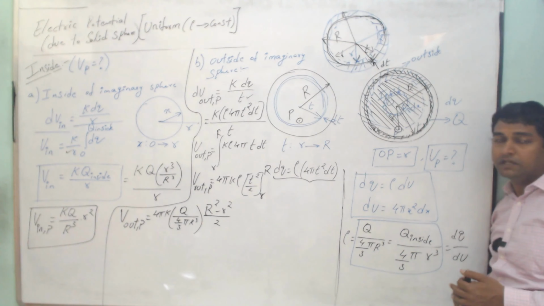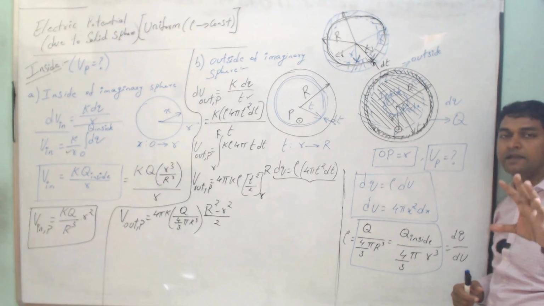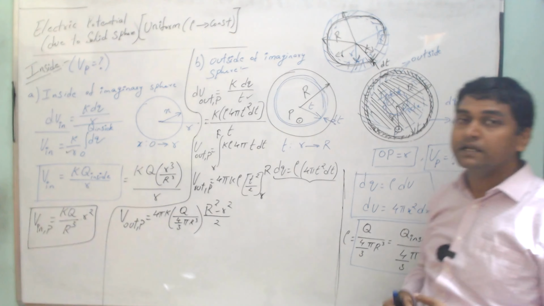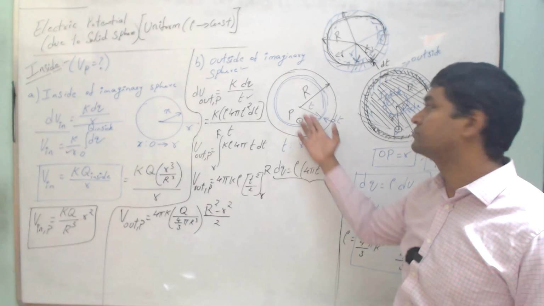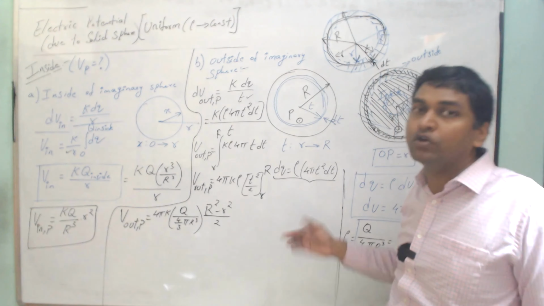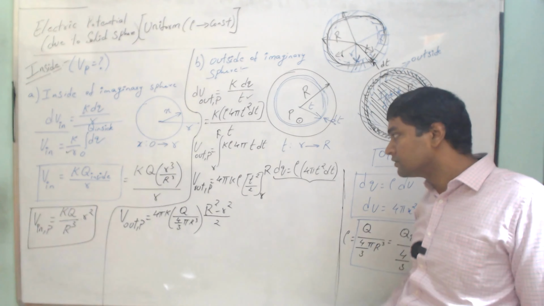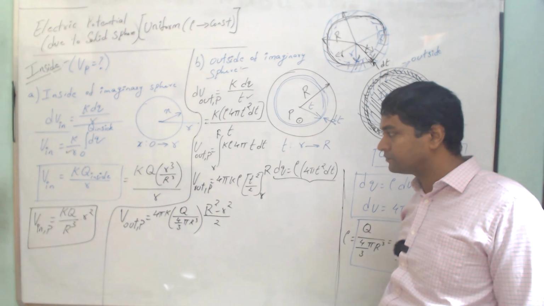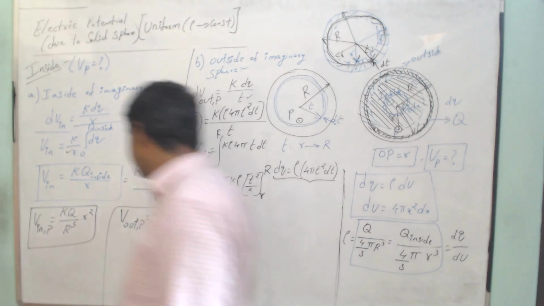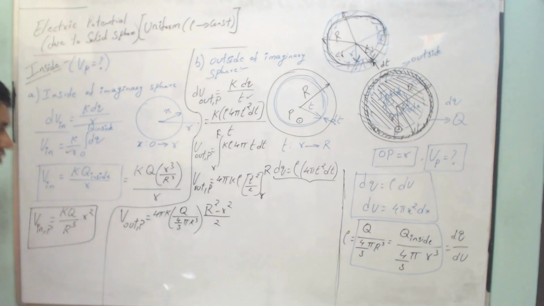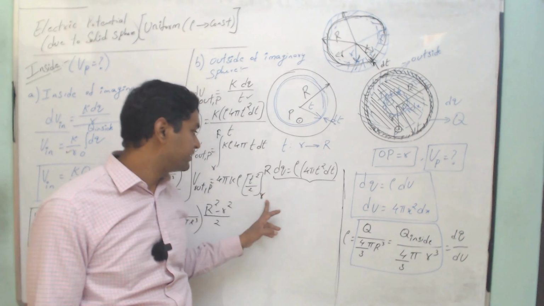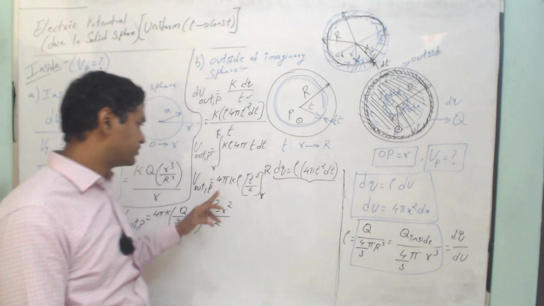What is my t? It's a radius, a radial line. That's why I'm saying a radial line always starts from the center. It has no meaning in going backward in a radial line. So I'm taking the limits as small r to capital R, substitute it over here.